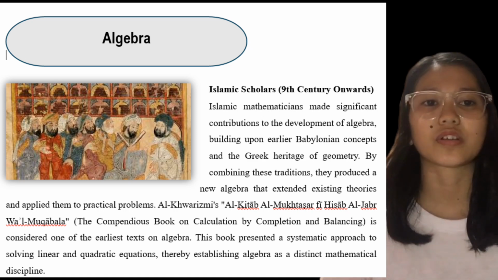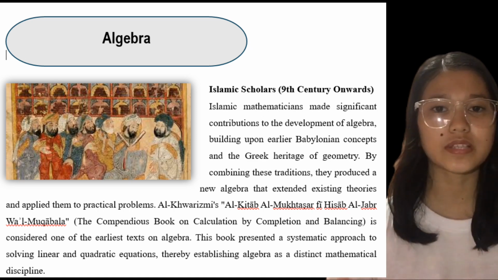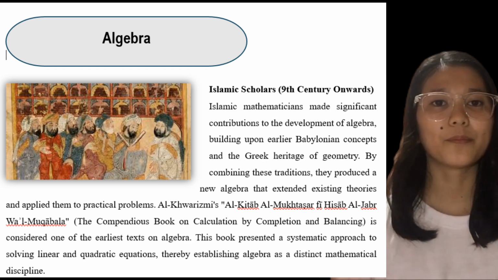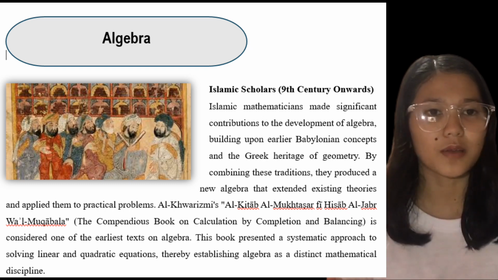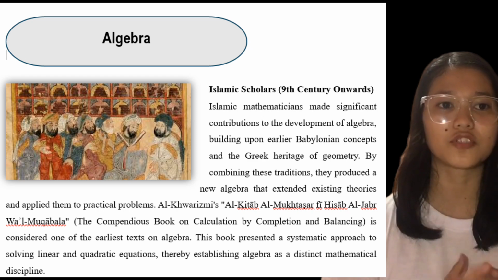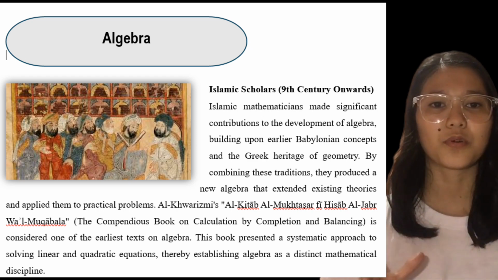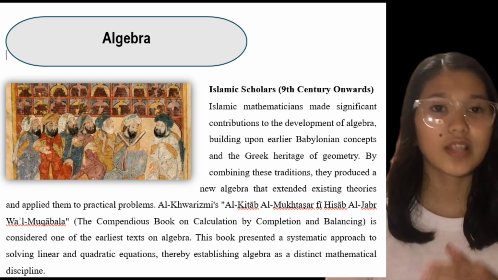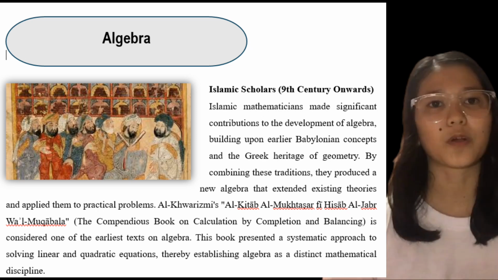Islamic mathematicians influenced the development of algebra. It is a combination of Babylonian concepts and the Greek heritage of geometry to make a new algebra which can be applied in real life and in practical problems.